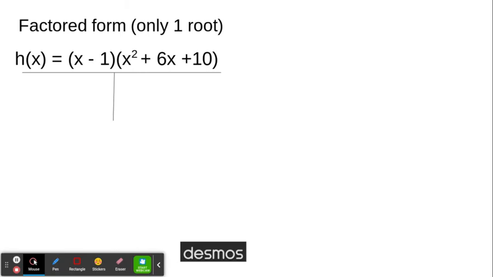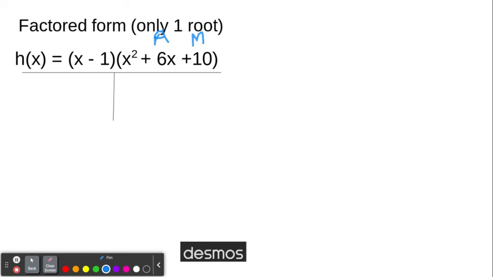Here I have factored form of a cubic equation, and I have one trinomial that I really can't factor any further because there's no way I can possibly get any two numbers that add to 6 and multiply to 10.